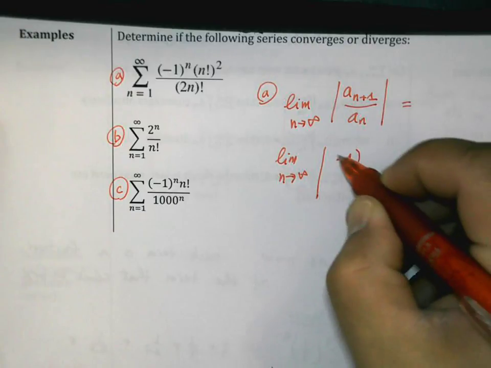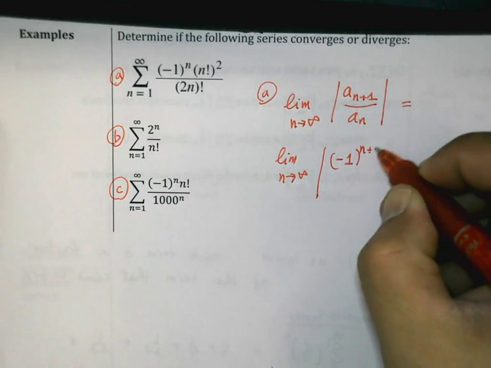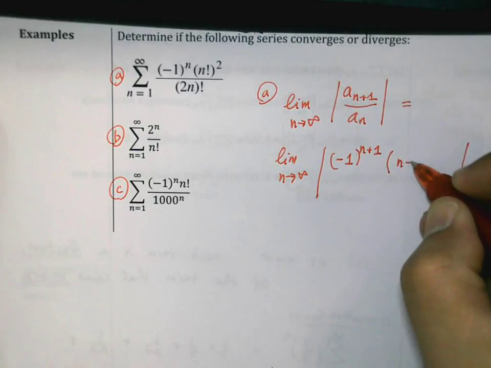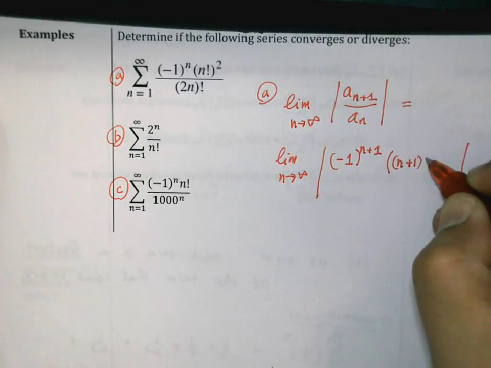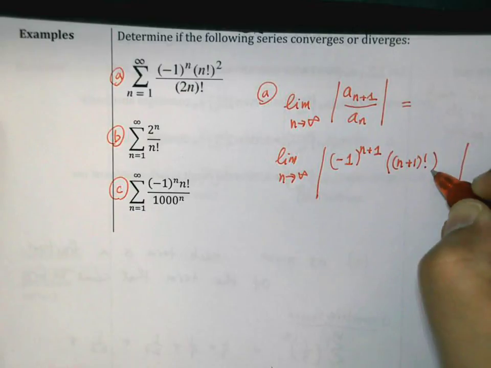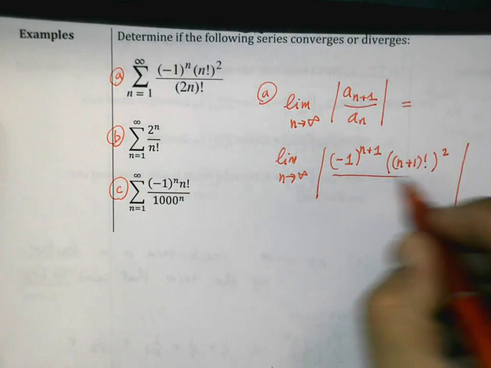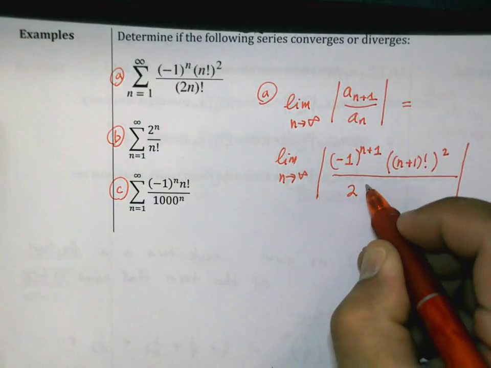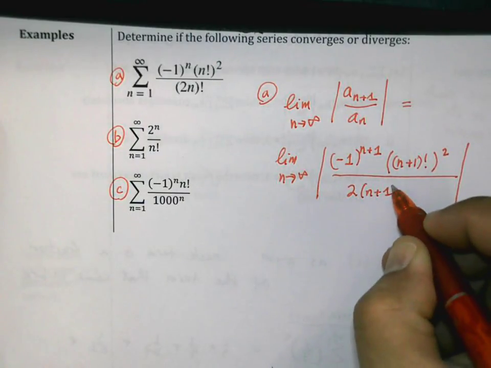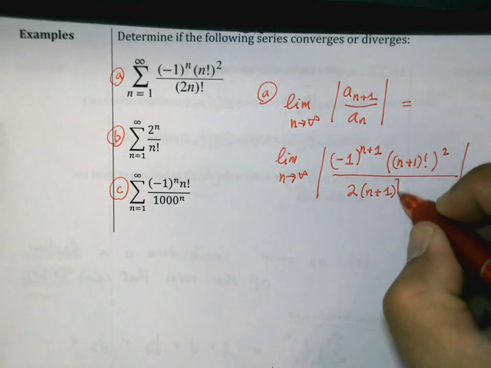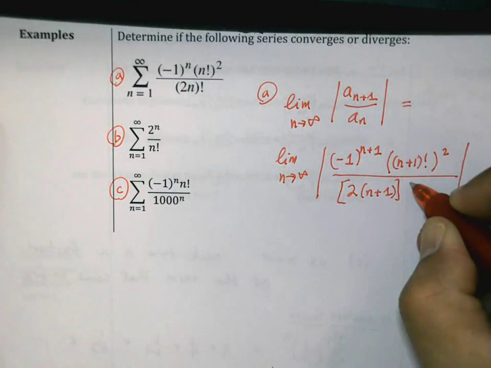Negative 1 to the n plus 1 times n plus 1 factorial squared divided by 2 times n plus 1 factorial.